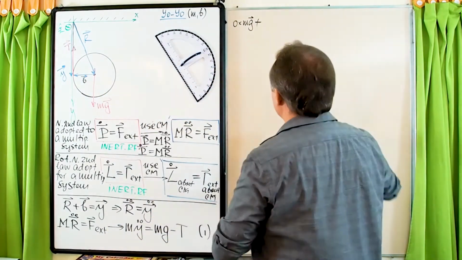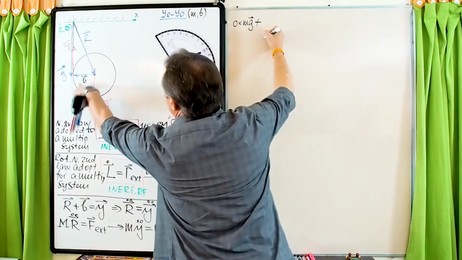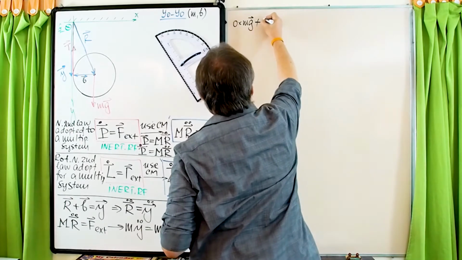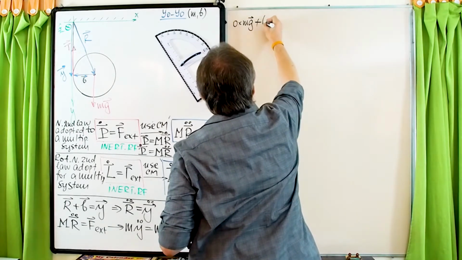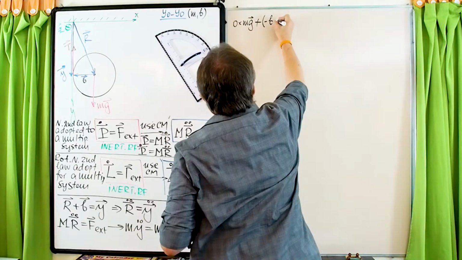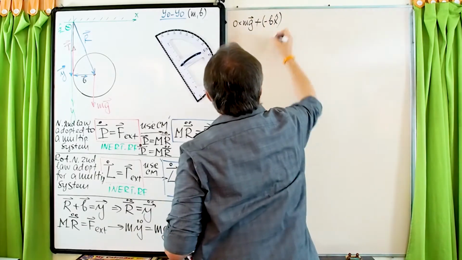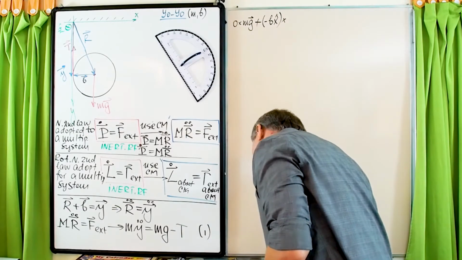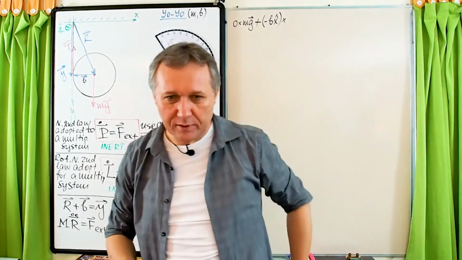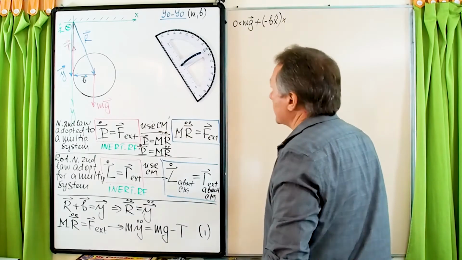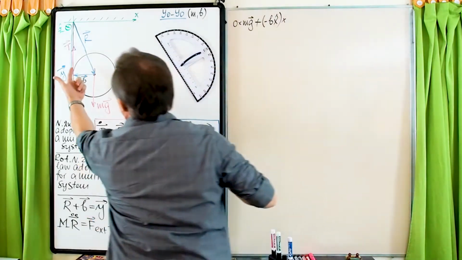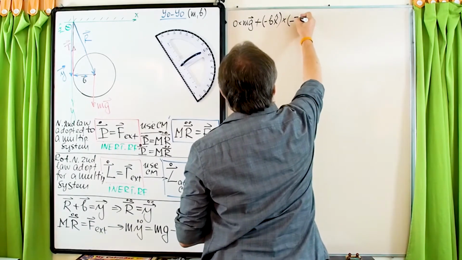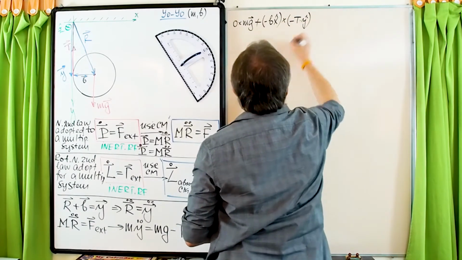That's why I introduced that vector b. Vector b is in the negative x direction, so it will be minus b x hat, crossed with vector T. T is in the negative y direction, so minus T y hat.